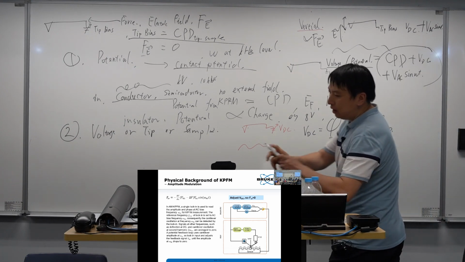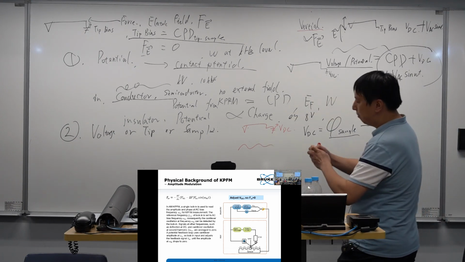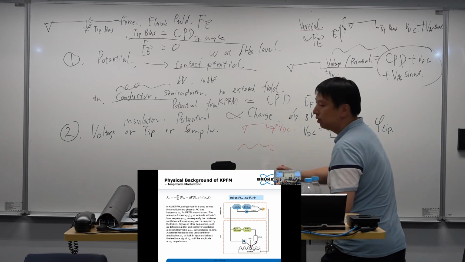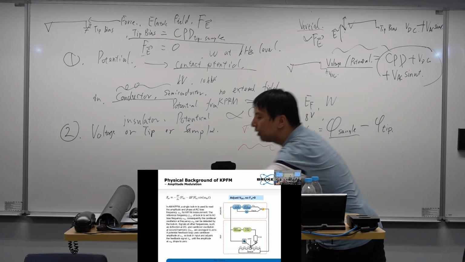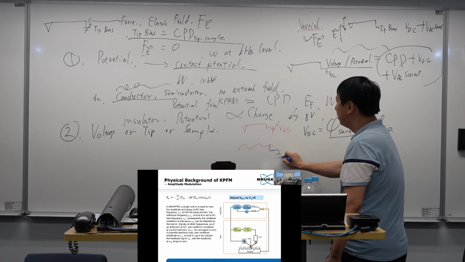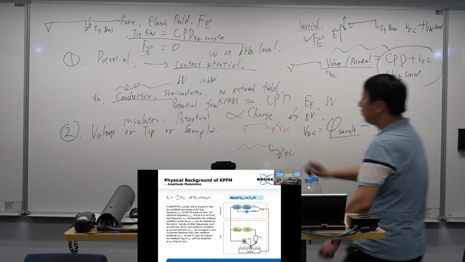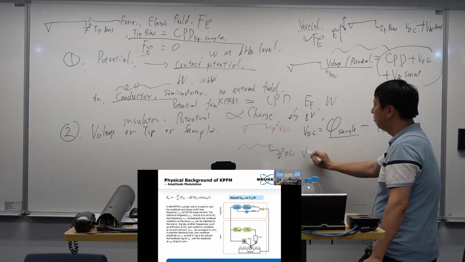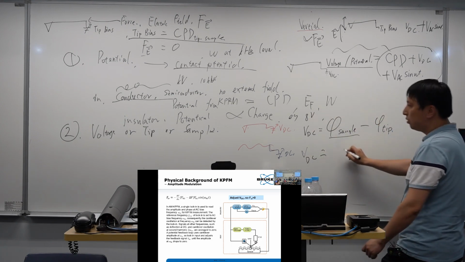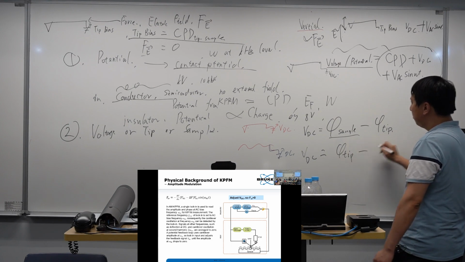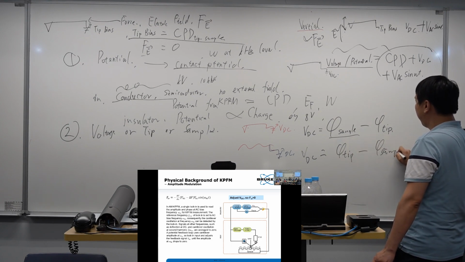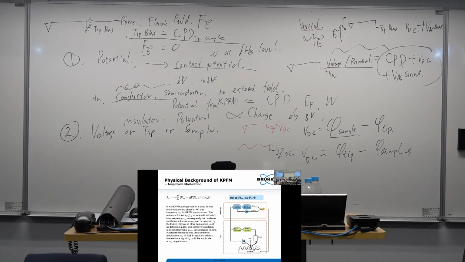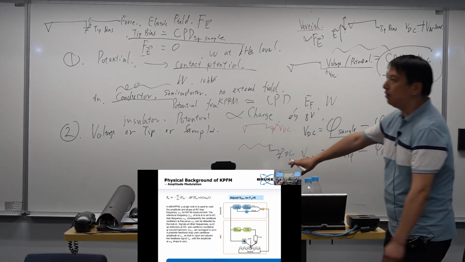Of course, if I apply the potential on the sample, I use the blue pen, that means the VDC equals phi tip minus phi sample. That's what compensation means.